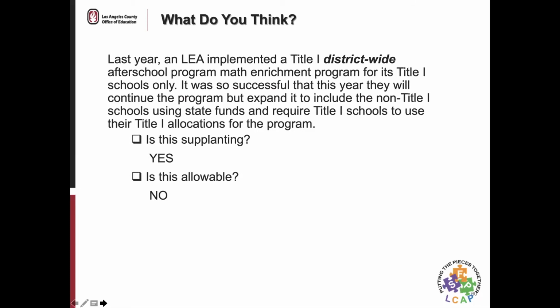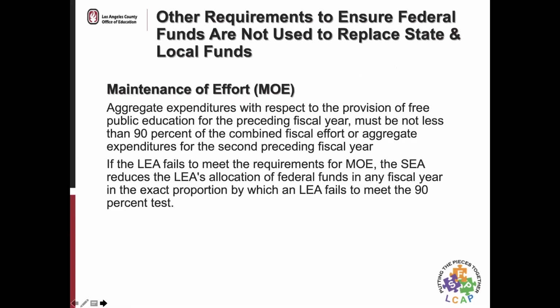All right. Next, there are some other requirements that have to do with federal funds. One is maintenance of effort, which takes place basically at the state level, so it's not something you have to do any calculation with.